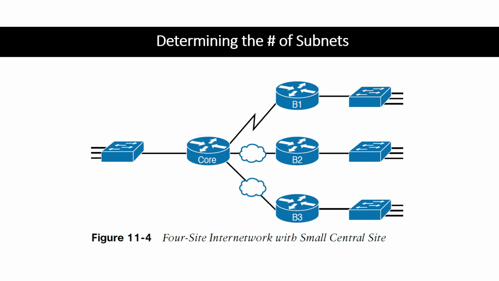You have switches at each branch. You have point-to-point links between your branch and your core. So you have to plan for each of these networks.